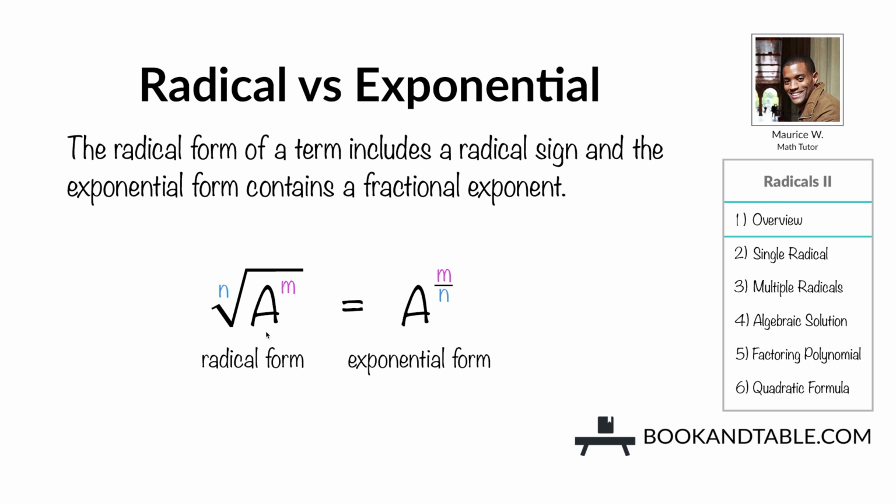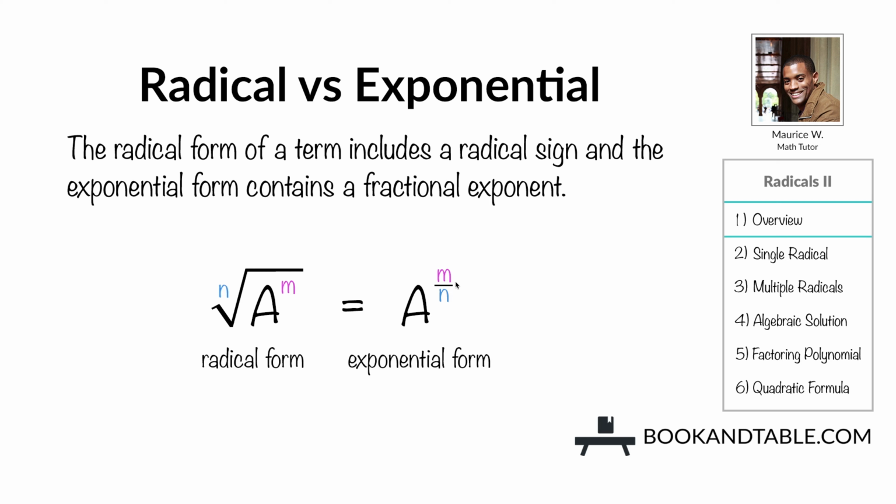Again, in radical form, we have our radical sign. So we have our base, which in this case is our radicand, a. It's being raised to a power of m, and this power m is being divided by the index n. In exponential form, this would be represented by a fraction, so it's a to m divided by n.